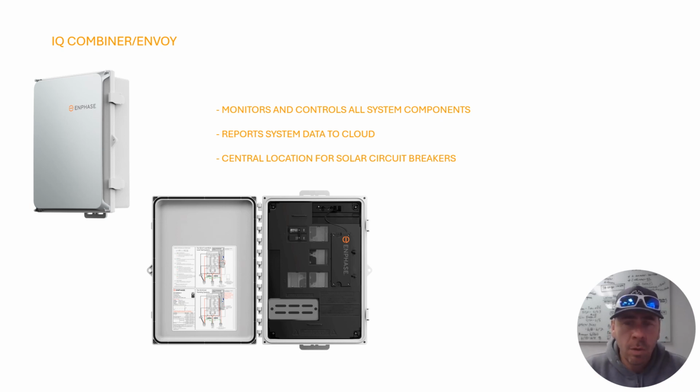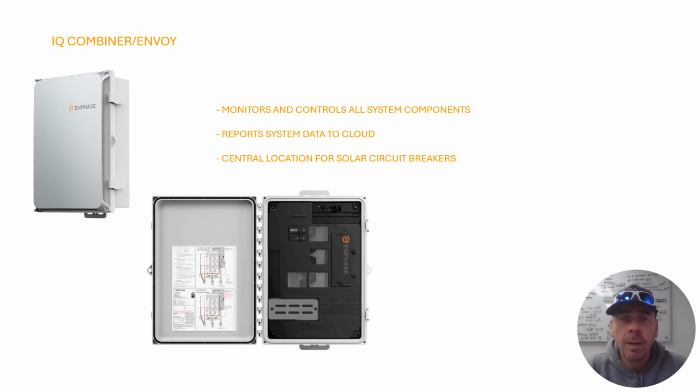So the IQ combiner computer monitors and controls everything. It talks to all of the smart devices, which are the controller, the microinverters, and the batteries, to be more specific. And it reports the information to the data cloud for your monitoring application on your phone or the web, etc. It allows us to do service on systems remotely to verify how things are performing and what they're doing.